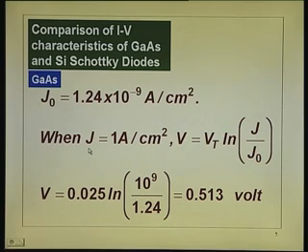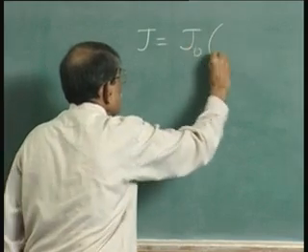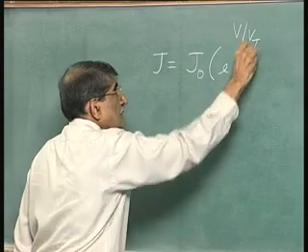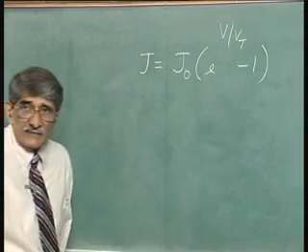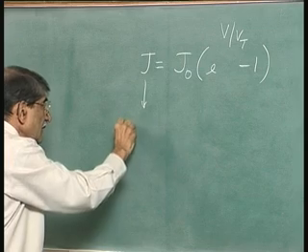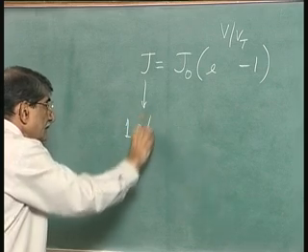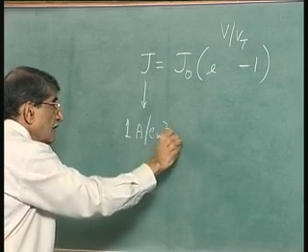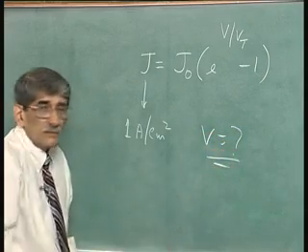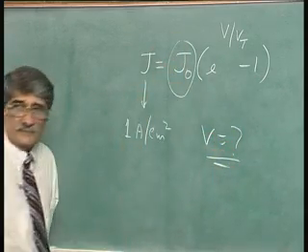Just a clarification on what I have written there: what we use is J equals J naught into e to the power of V by Vt minus 1, that is the forward characteristic. What we are trying to find out is, when J is 1 ampere per centimeter square, V is how much, given that J naught.